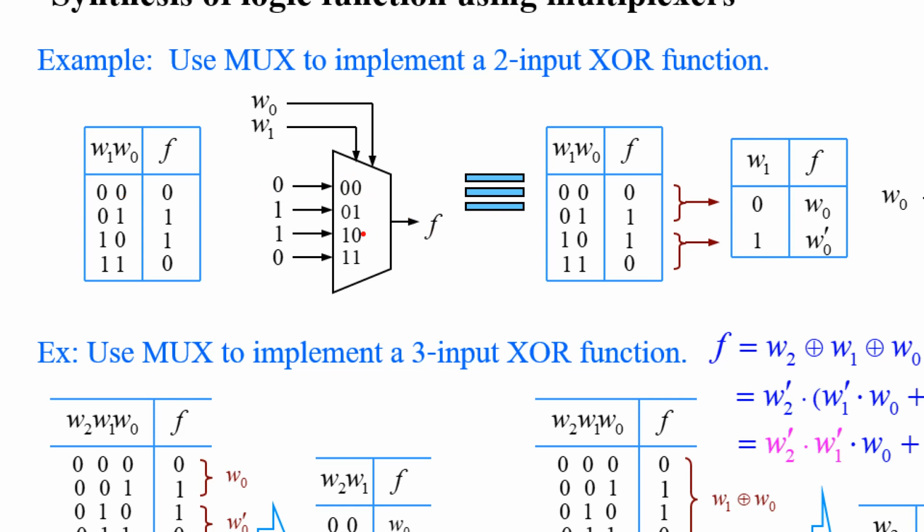And for 0, 1, if the selector signal is 0, 1, it brings the input from position 0, 1 to the output, and you want 1, that means you must feed 1 here. Okay, 1, 0 also. You want 1, then apply 1 here. Or 1, 1, you want 0, then apply 0 at the 1, 1 position. Okay, that's all.